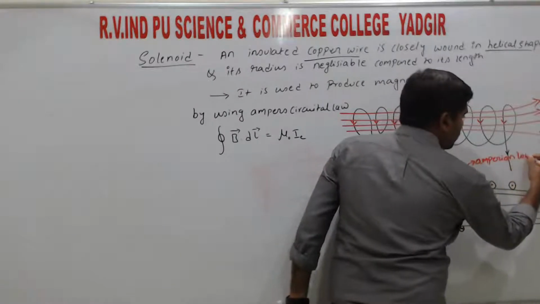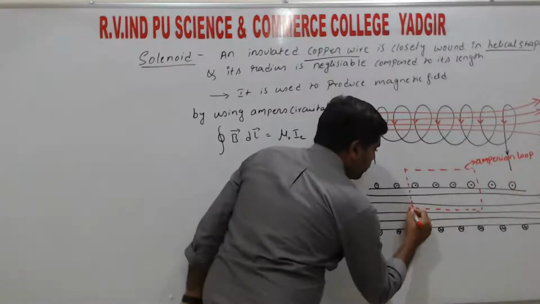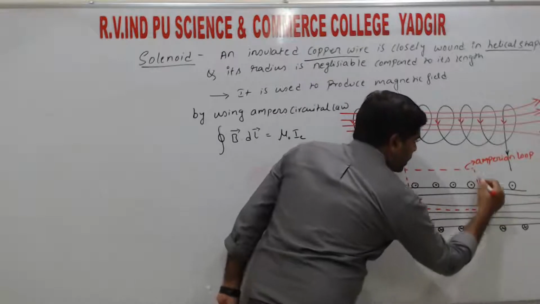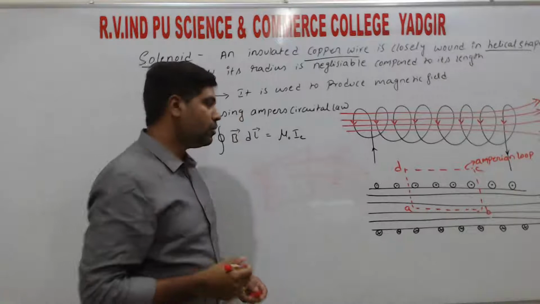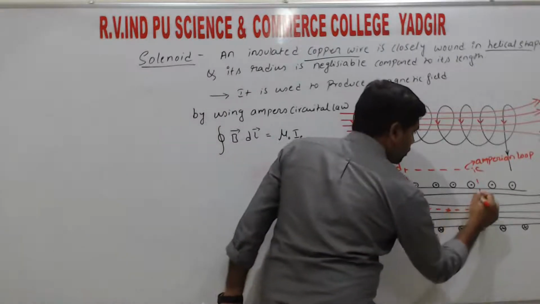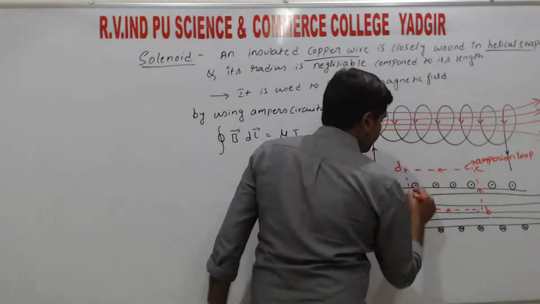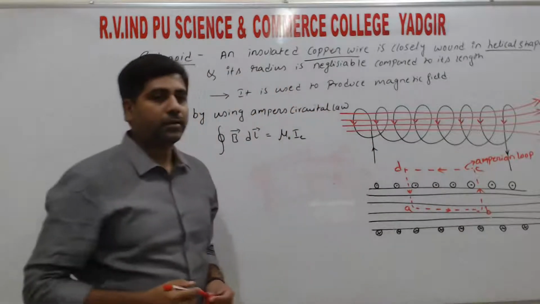For the name of the loop, let us call it A B C D, right? So the direction of the loop is like this.